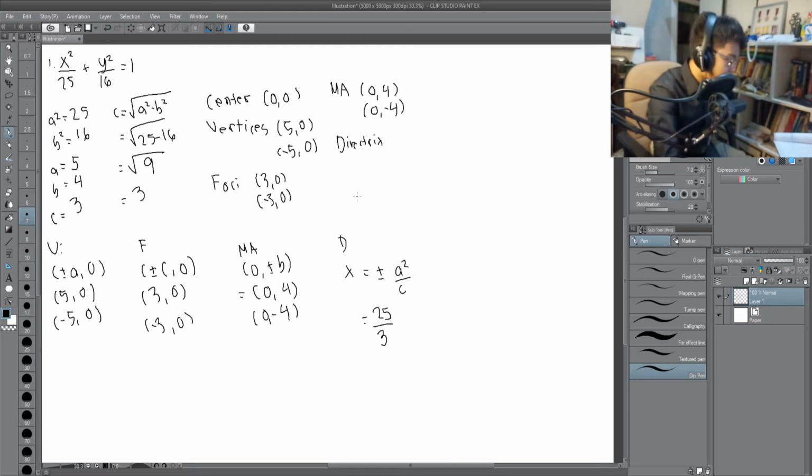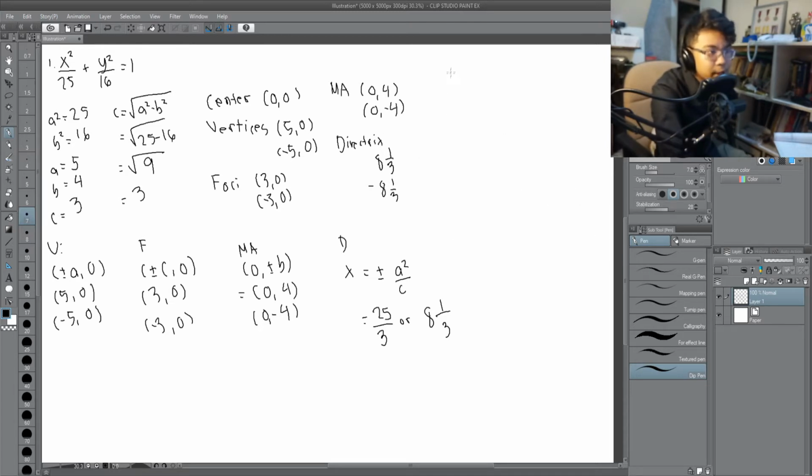Now, of course, I'm gonna convert it to a mixed number: 3 times 8 is 24, so I get 8, and 24 plus 1 is 25. So 8 and 1/3. So our directrix is 8 and 1/3 and negative 8 and 1/3. There we go. Now our directrix is solved.